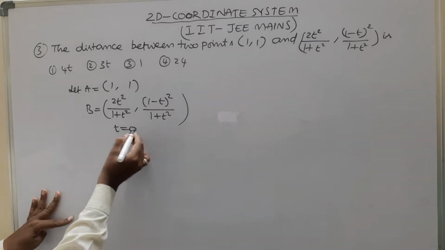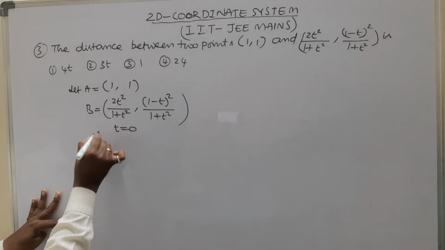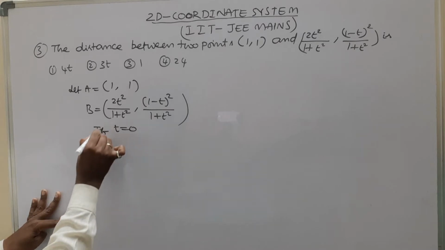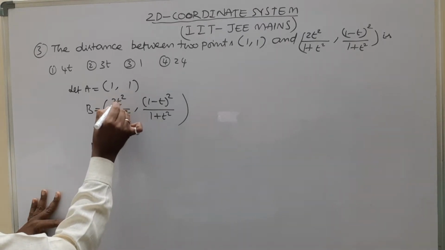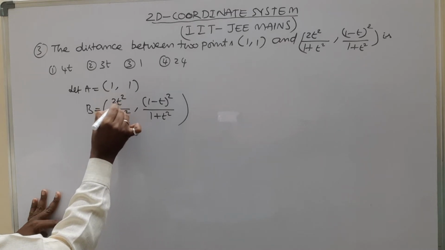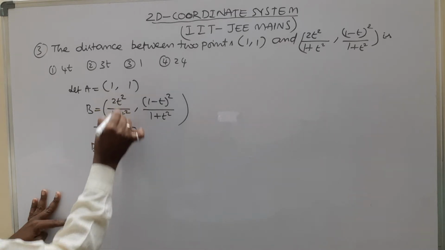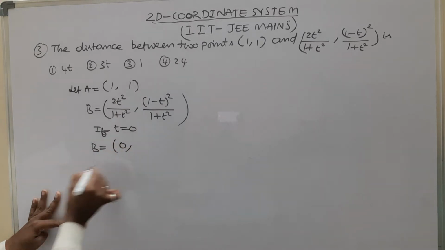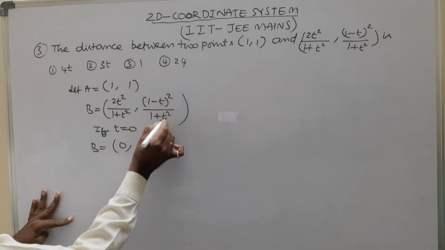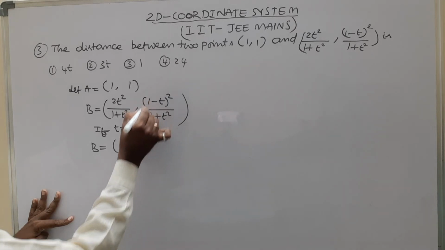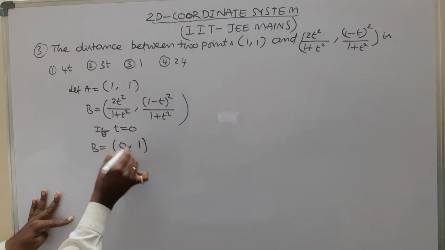Suppose t is equal to 0. Substituting t = 0: 2 into 0 square is 0, so 0 by any number is 0. Then 1 minus 0 is 1, and 1 plus 0 is 1, so 1 by 1 is 1. The B point is (0, 1).